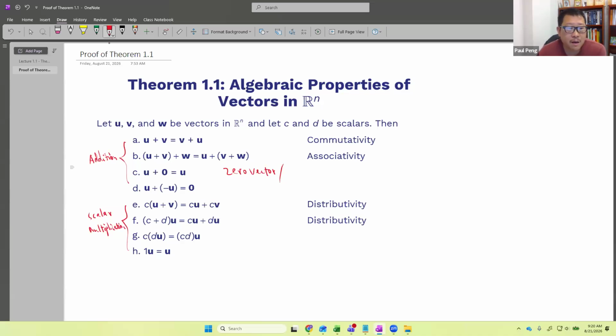And therefore, 0, usually we call the identity of addition.